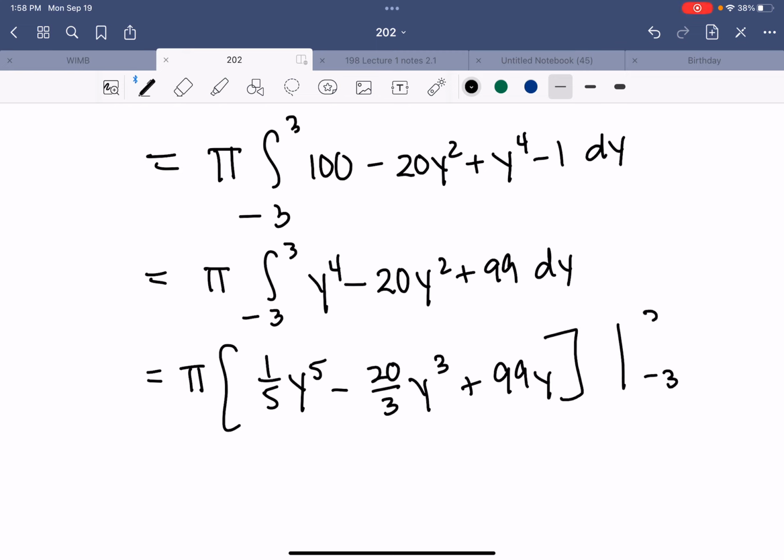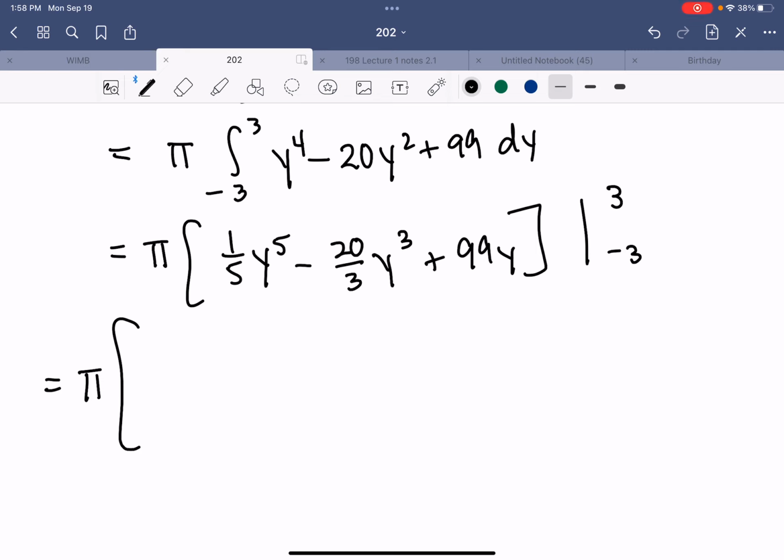So -3 to the 5th is -243 over 5. 3 squared is 27 times 20. Well, actually, 27 over 3 is 9, and 20 times 9 is 180. So -180 plus, oh wait, hold on. Back the train up. I'm doing what you guys often do, and that is plugging in the -3 first.